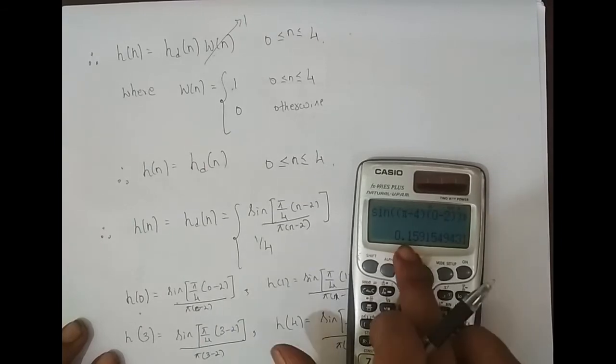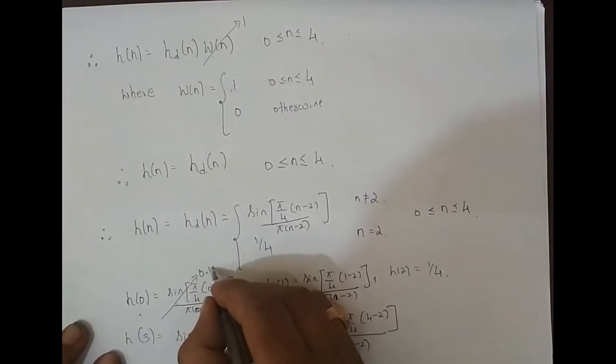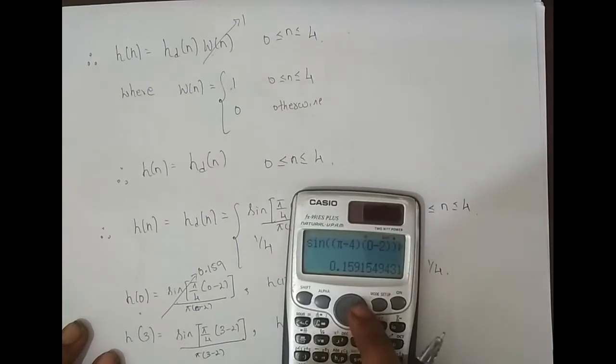I end up with 0.159. Okay. Similarly, for n equal to 1, let me just replace 0 by 1 here.